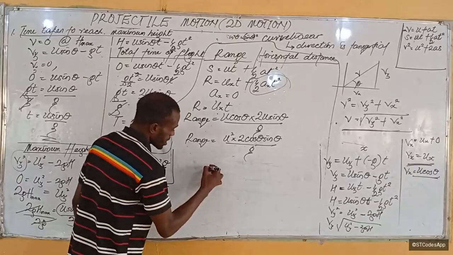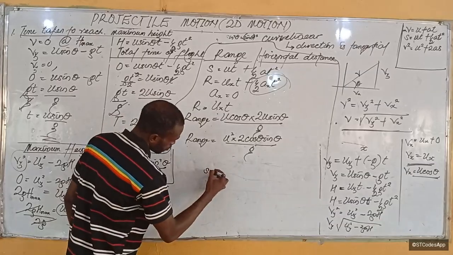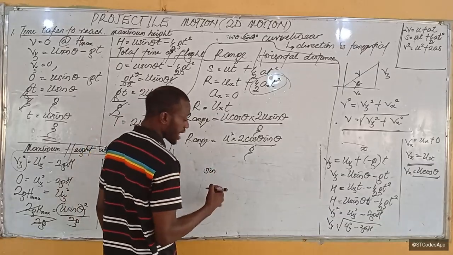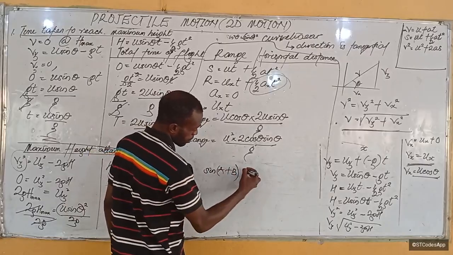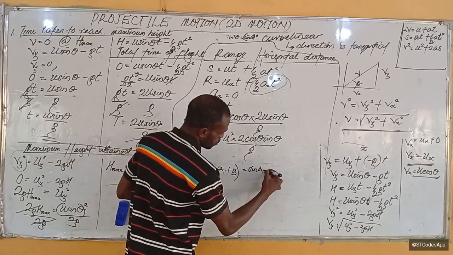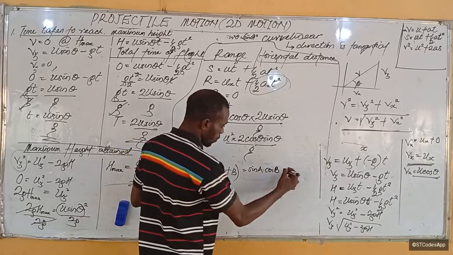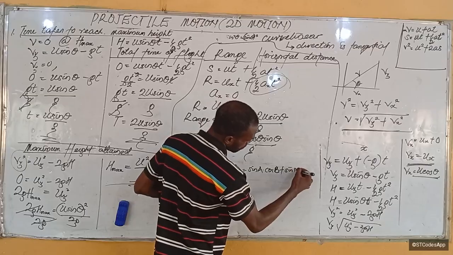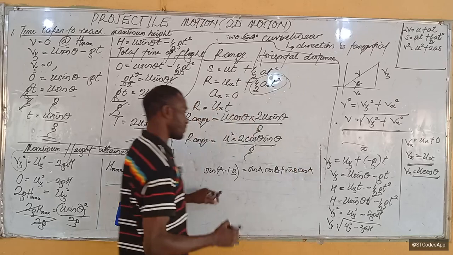In trig, and make sure to see my video on trigonometry, we have that the sine of A plus B is the sine of A times cosine of B plus the sine of B times cosine of A.